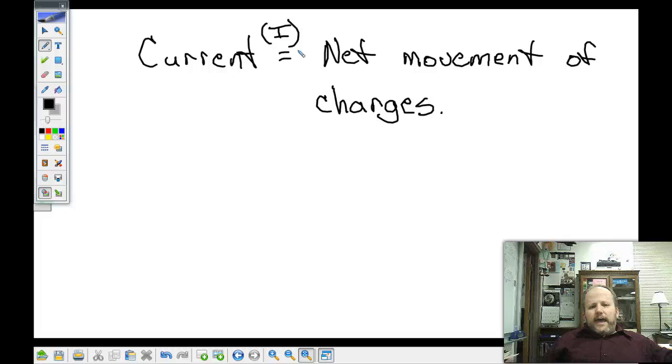Current has a nice analogy between electricity and water. If we talk about the current of a river, we're talking about how much water moves past a certain point over a certain unit of time. We could talk about how much water goes under a bridge every minute.